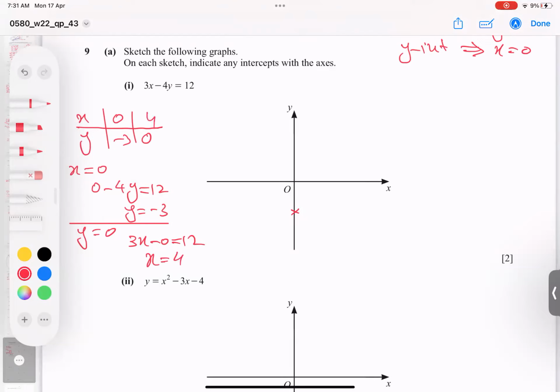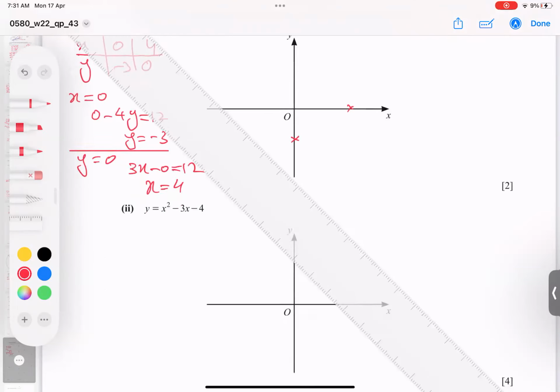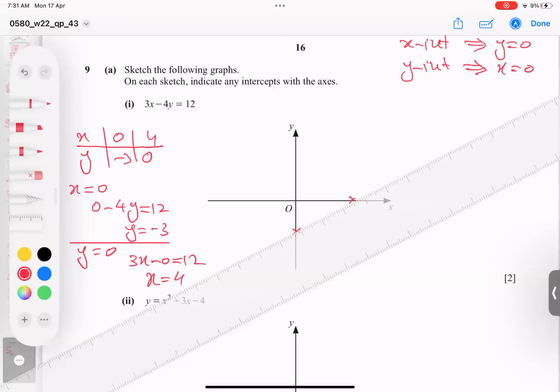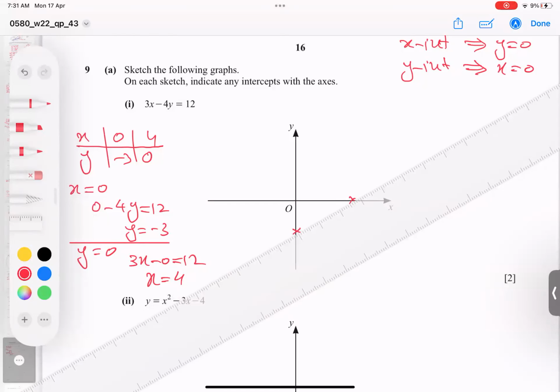So x is 4, y is 0. Counting 1, 2, 3, 4, somewhere here. I believe this is a sketch only, so no need for accurate values. Alhamdulillah Rabbil Alameen, this is done. Let's go for the next part.